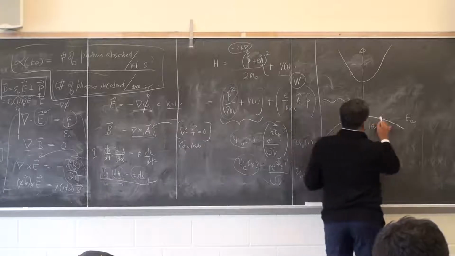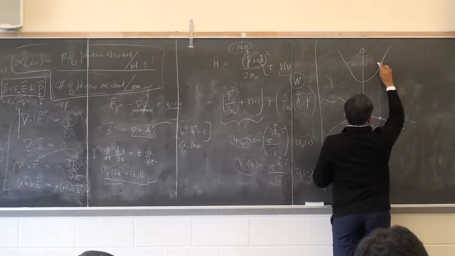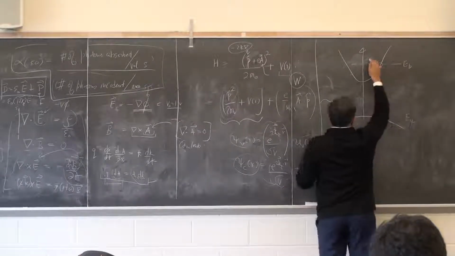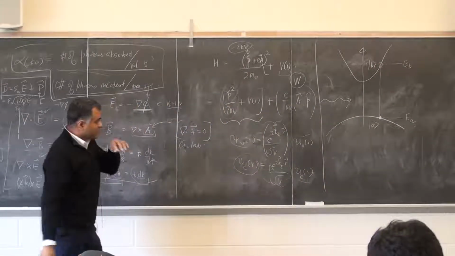A photonic transition will lead it to here. That state must be empty. Let's call it B, at an energy of E sub B. It's just the label of that state.